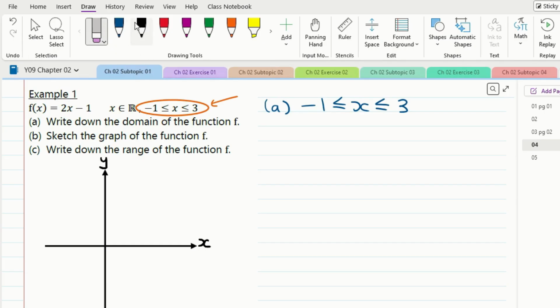Alright, so moving on, for part B, sketch the graph of the function f. So here there's an additional instruction usually used in past year papers.